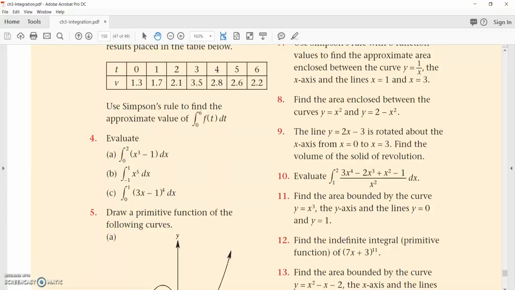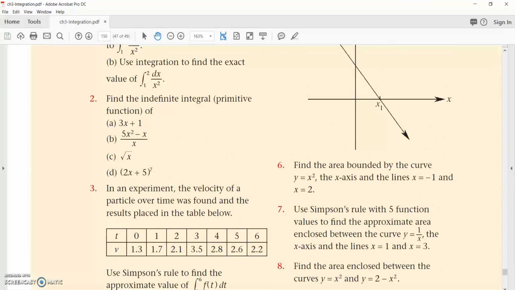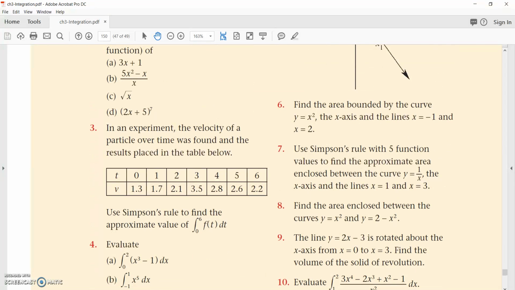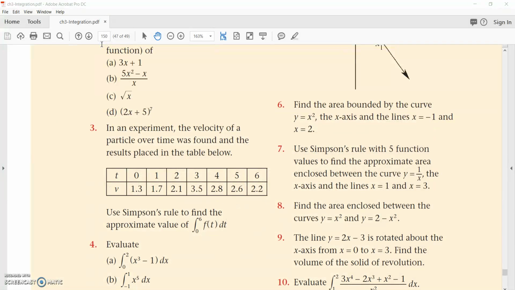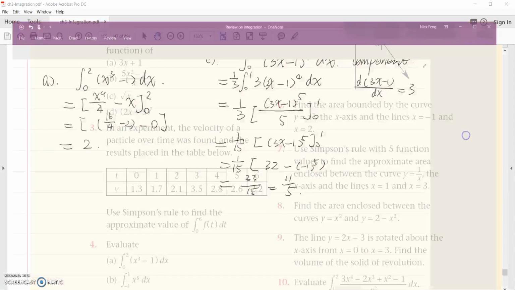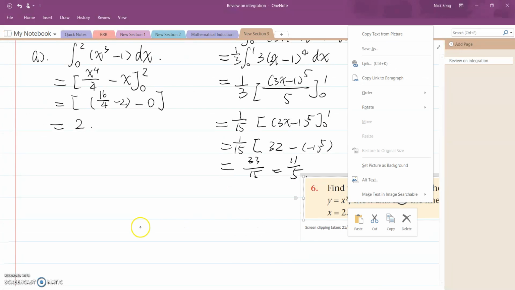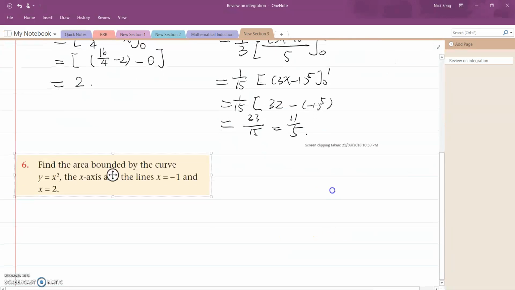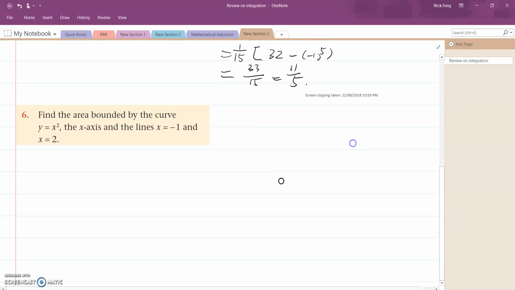Next, find the area bounded by the curve y equals x squared, the x-axis, the line x equals -1 and 2.